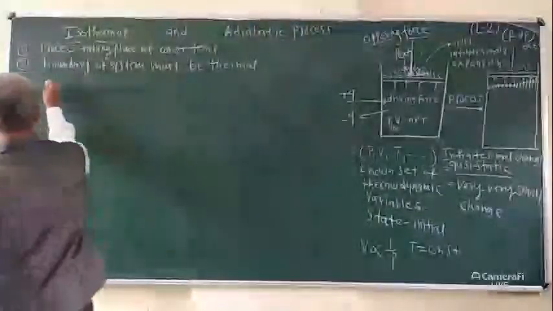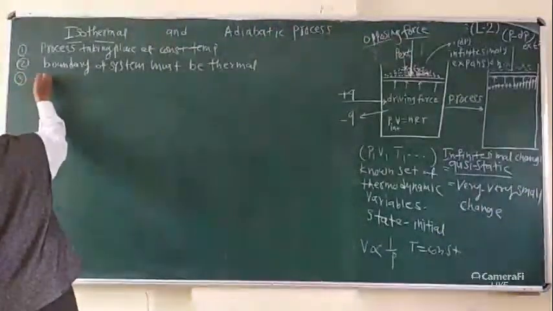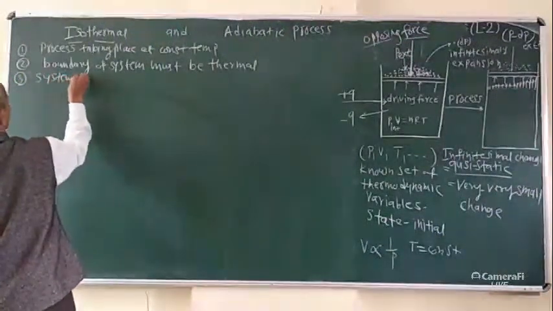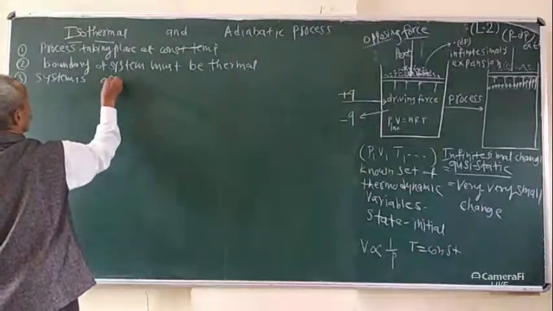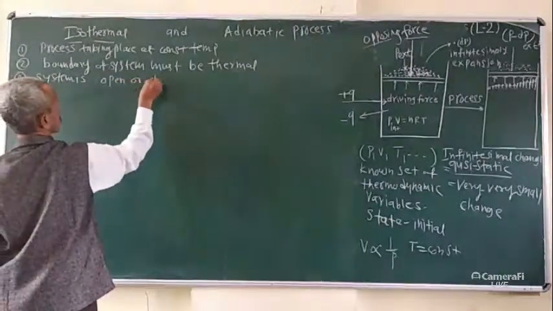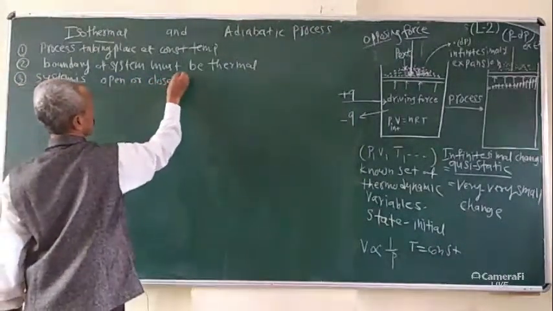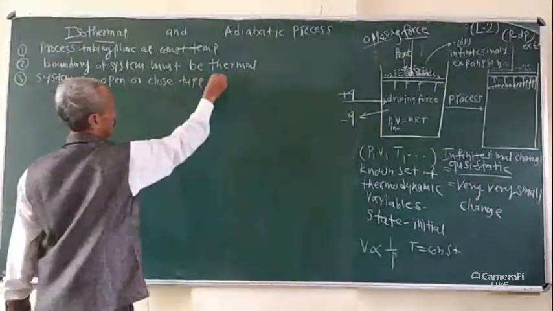Also, it should be a closed system. What type of system is there? A system is either open or closed. Closed type.